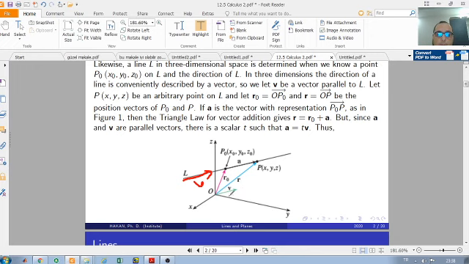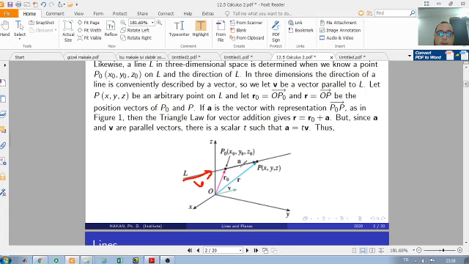We know a point, we know its direction vector, and we want to find a general form for the equation of a line in the three-dimensional coordinate system.